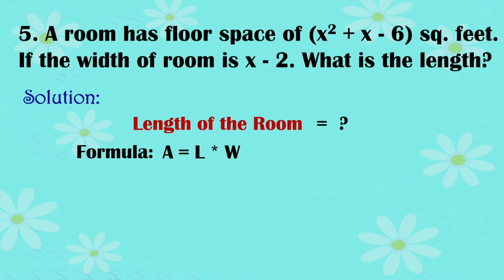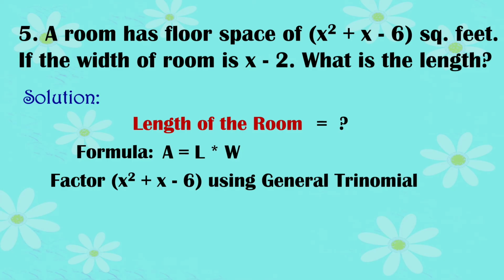So, kung napapansin nyo yung ating given trinomial, pero yung ating last term, wala siyang square root. So, ibig sabihin, general trinomial or quadratic trinomial yung ating gagamitin. Yan. So, ipa-factor natin siya gamit yung general trinomial.